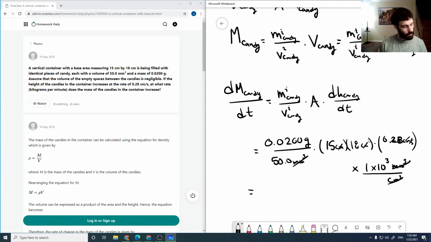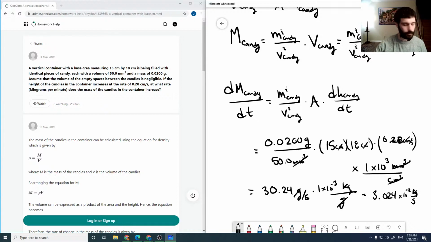So this is 330.24 grams per second, which we can multiply by 1 times 10 to the minus 3 kilograms per gram to get 3.024 times 10 to the minus 2 kilograms per second.